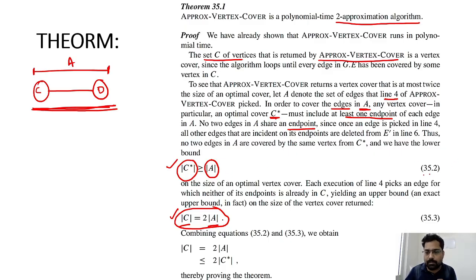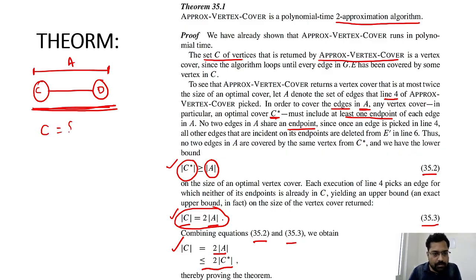If you equate this to equation 35.2 or 35.3, what you will get is C equal to 2A. This is what exactly you got in 35.3 earlier. You just equate with the previous equation. Definitely you'll get C is less than or equal to 2C star. For this example, there is one edge with two vertices.